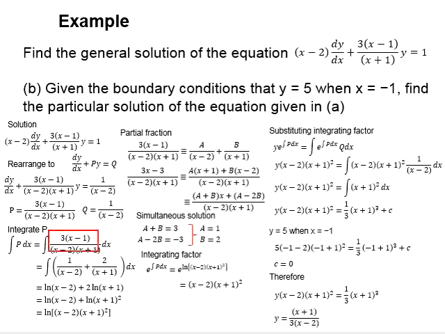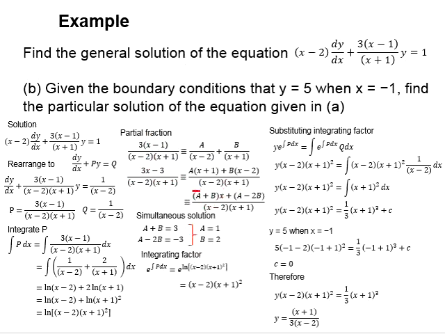This looks like integrating a partial fractions problem. You will need to expand it into partial fractions, where you have a divided by x minus 2 plus b divided by x plus 1. Combine the two partial fractions, you get this, and equate this with this.